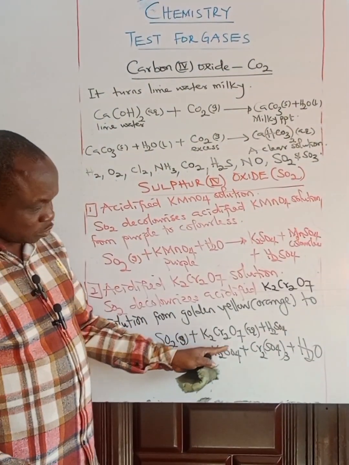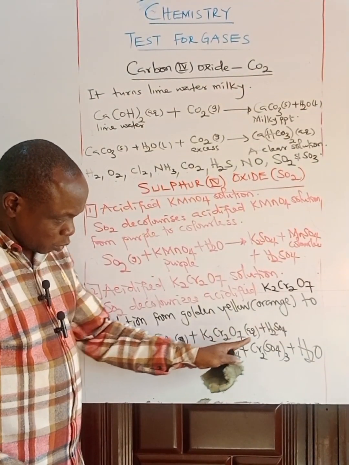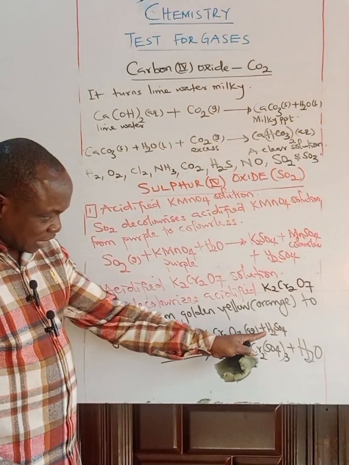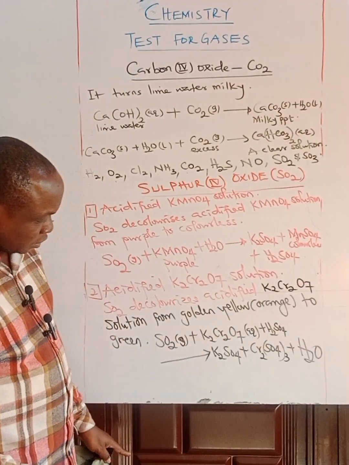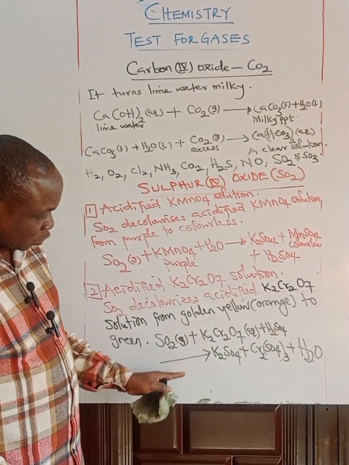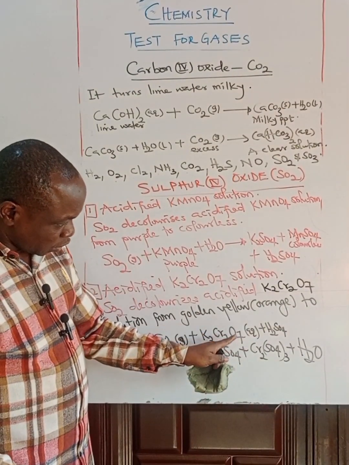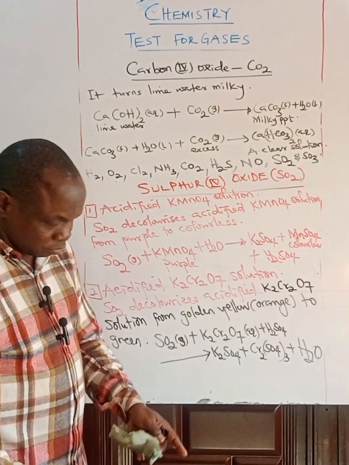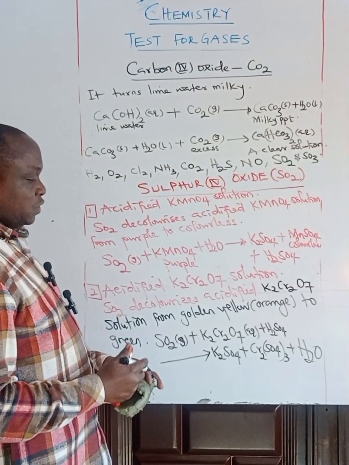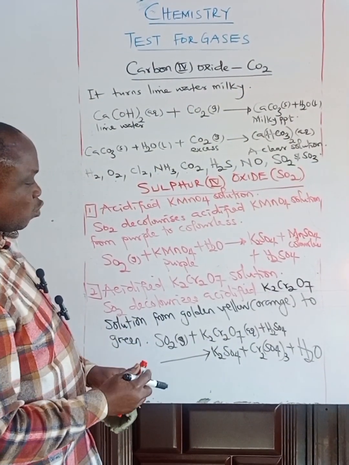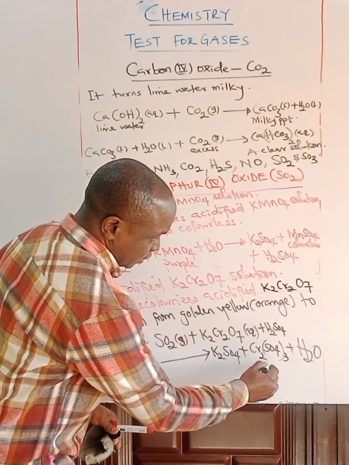The chromium will react with SO4, and potassium will react with that. So you are left with hydrogen and oxygen to form water. This is the equation, and this color is green.